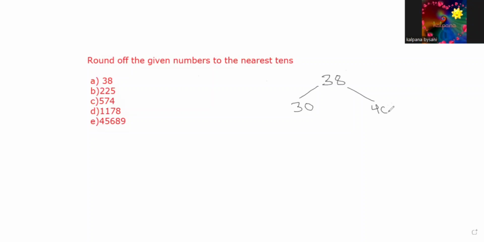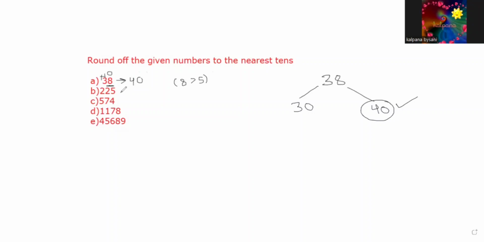And on a number line, where will it come closer? Obviously to 40. So logically also you can think like that. Let's do it according to the rule. First check the ones place and blindly make the ones place 0. If the ones place is greater than 5, what do you have to do? The tens place you need to increase by 1. So it will come to 40.